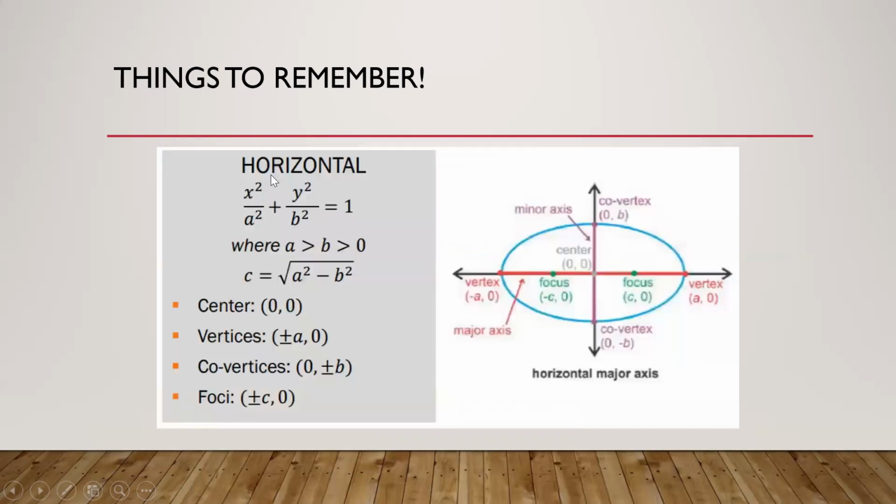Next, we have to remember when an ellipse is horizontal or vertical. To be precise, when the major axis is horizontal or vertical. So our major axis is horizontal when our a squared is with our x.